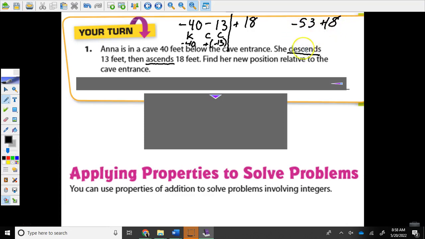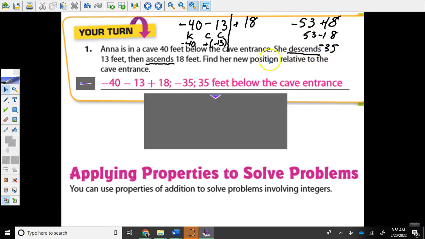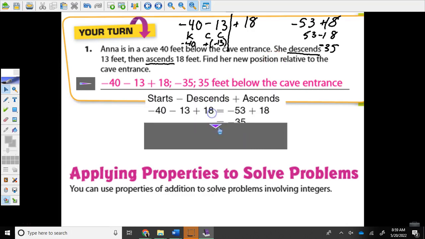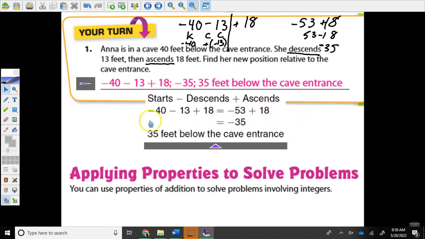And then basically we're just going to subtract them because that's what we do in 17.2. 53 minus 18. So you get 35 from that. And then the 53 is the bigger number and it's negative. So it's going to be -35. 35 feet below that cave entrance. Okay? This is how the work showed out. If you have any problems, please comment or ask me in class.